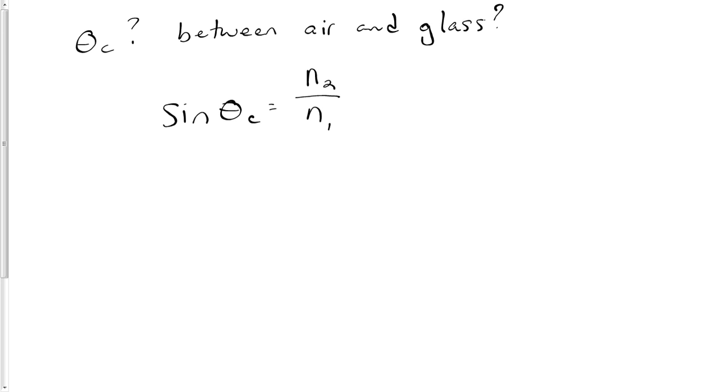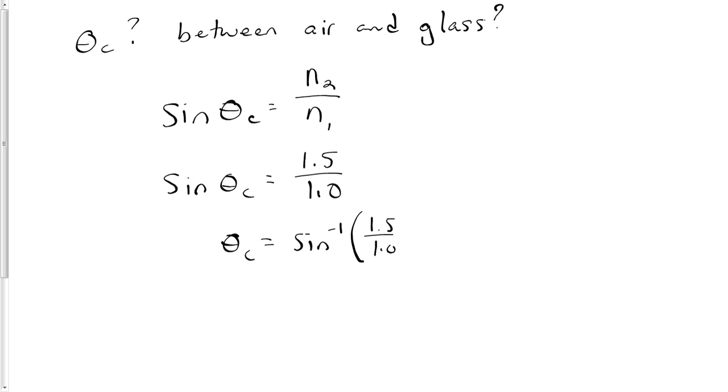If you're going from air to glass, air is where you start, and glass is where you're going to. So glass is 1.5, air is 1.0. What is theta c in this case? Inverse sine of 1.5 over 1.0, which is inverse sine of 1.5.